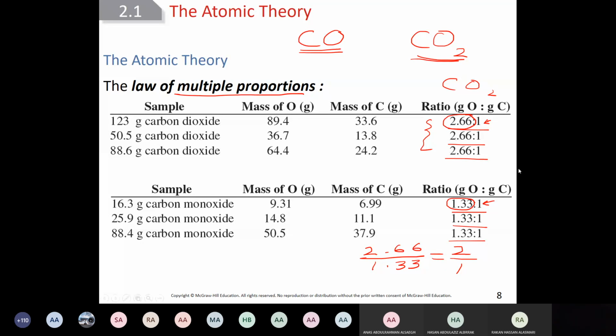So if we take the amount of oxygen that reacts with 1 gram of carbon to the amount of oxygen that reacts with 1 gram of carbon in this case, then this ratio, which is 2.66 to 1.33, must be a simple ratio.